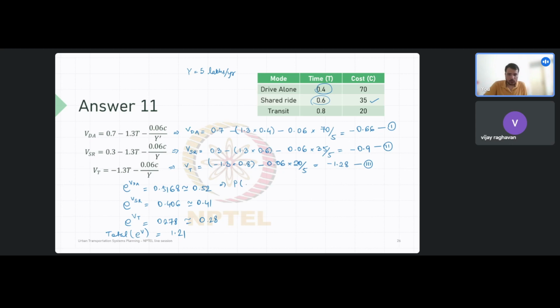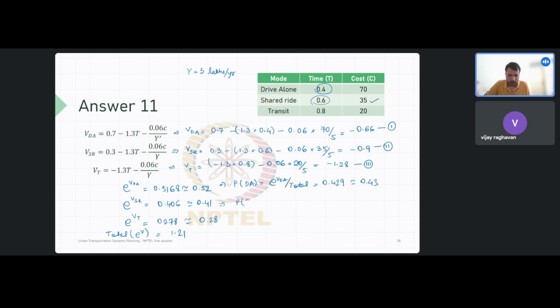So probability for choosing drive alone will be e power VDA by total. So total is basically the sum of all the exponents. So this is coming as 0.429, round it off to 0.43.